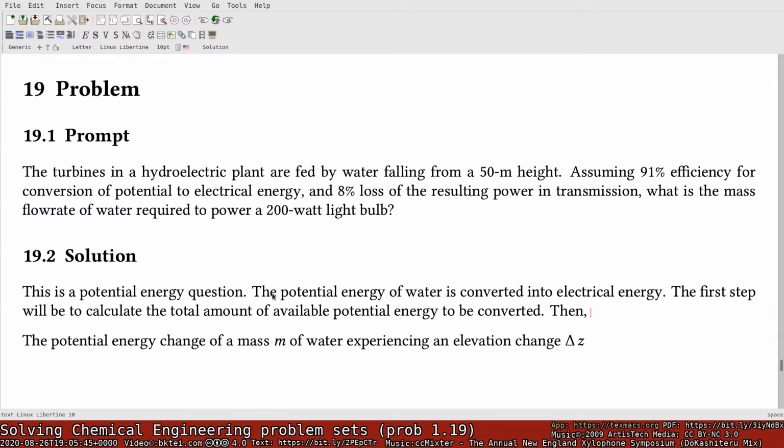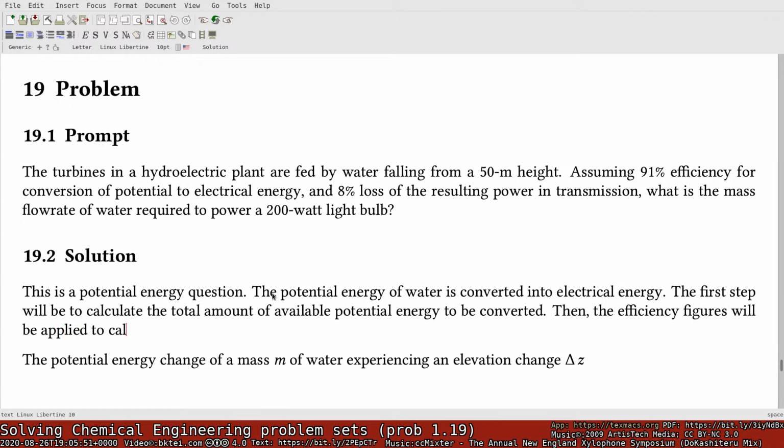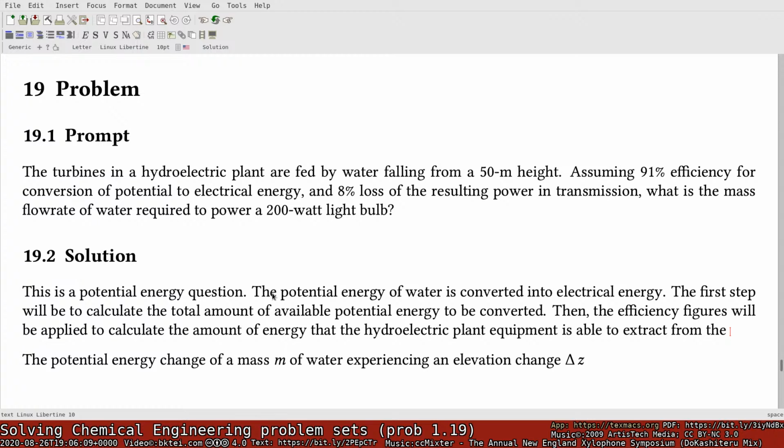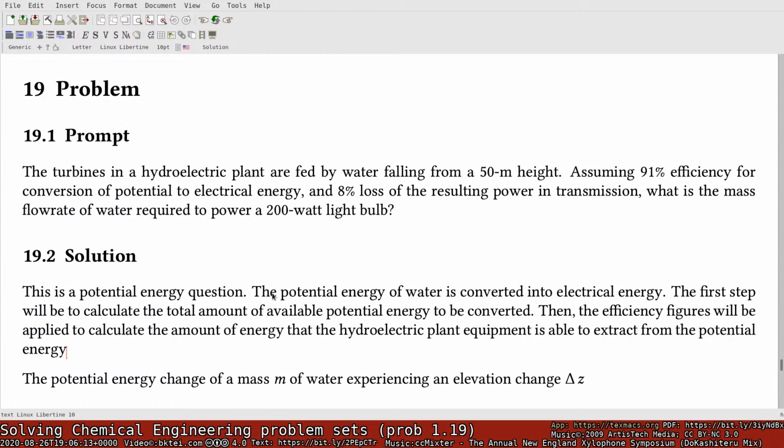Then the efficiency figures will be applied to calculate the amount of energy that the hydroelectric plant equipment is able to extract from the available potential energy.